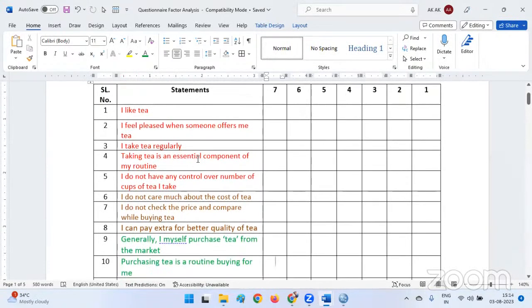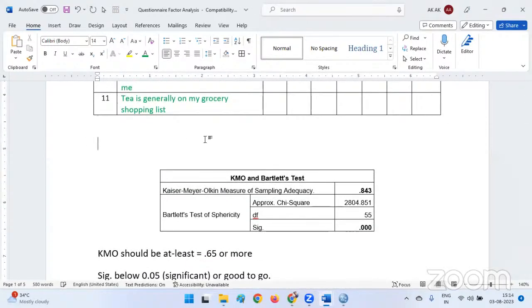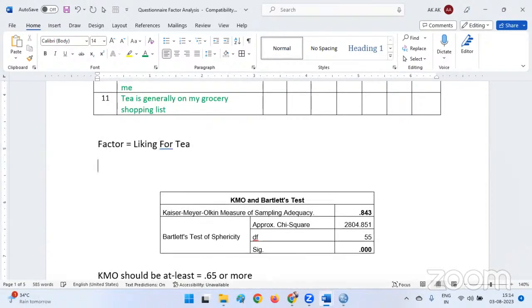First factor is basically more about liking for T. So I can say my first factor is liking for T. Factor 2 is cost concern, whether I am concerned for cost or not. Or I can even write it as no cost concern, that I don't have any cost concerns.